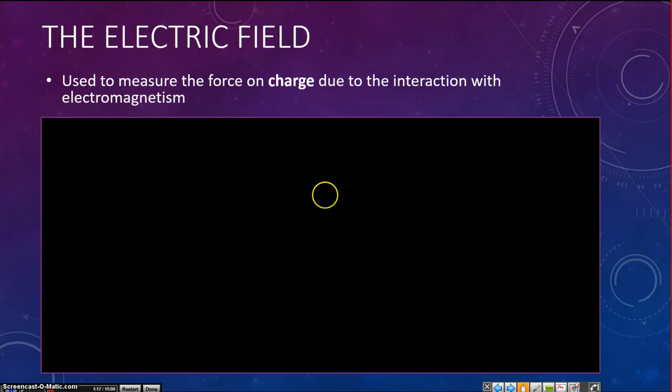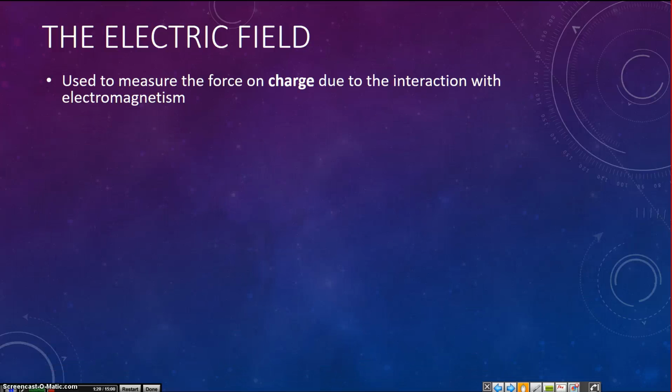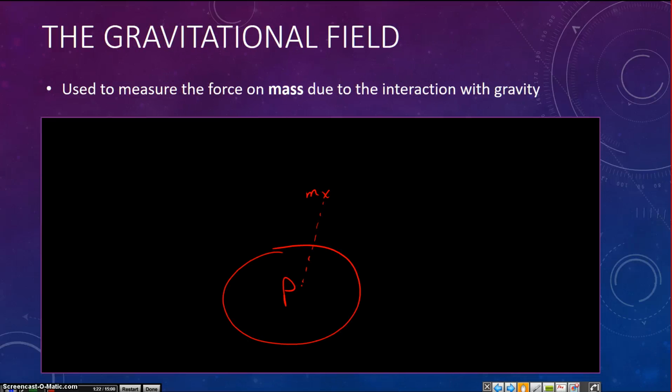Now, there's a couple ways that we can calculate the force of gravity on this mass. So the idea is that the planet has mass. It changes the space around it, and because of that, another mass will experience a force, and we say that this is due to the force of gravity.